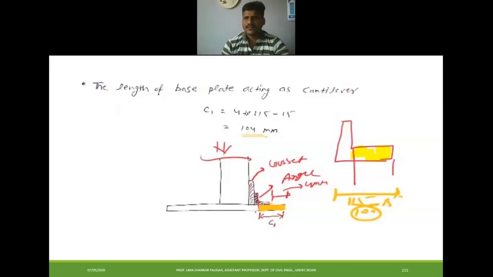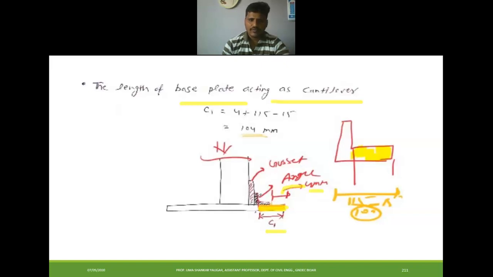Then here there is some difference between your gusset plate design and your slab base design. Here you need to calculate the length of the base plate acting as a cantilever. Okay, see, if this is your gusset plate, this is acting as the cantilever portion. This is taken as C1. To calculate this C1, I know that this projection I have already taken as 4, as we saw in the previous slide, and here we have provided an angle of 115.